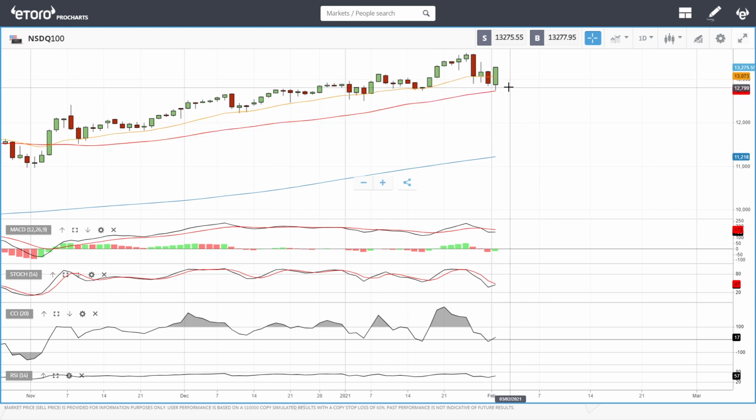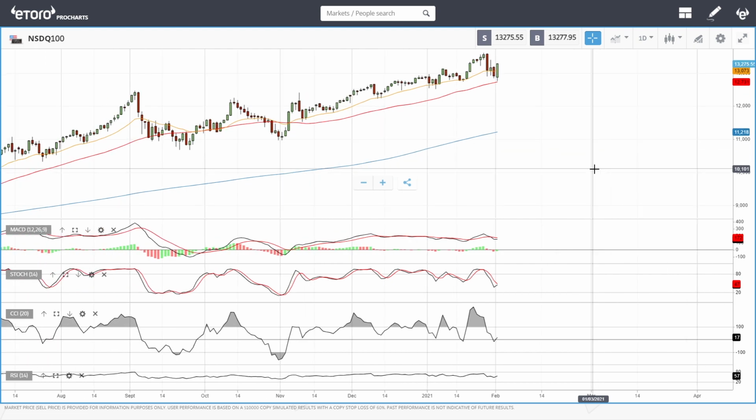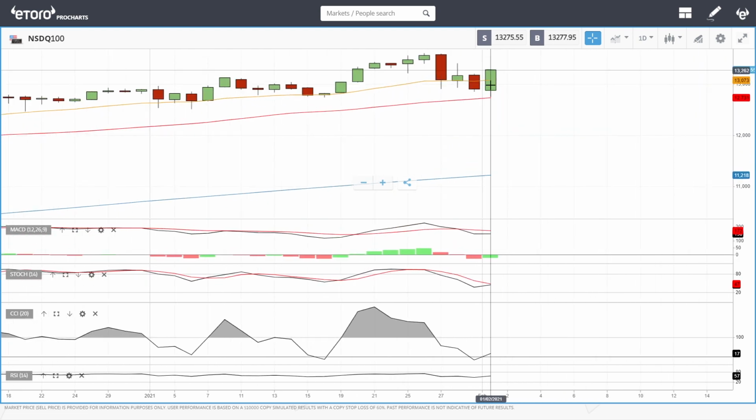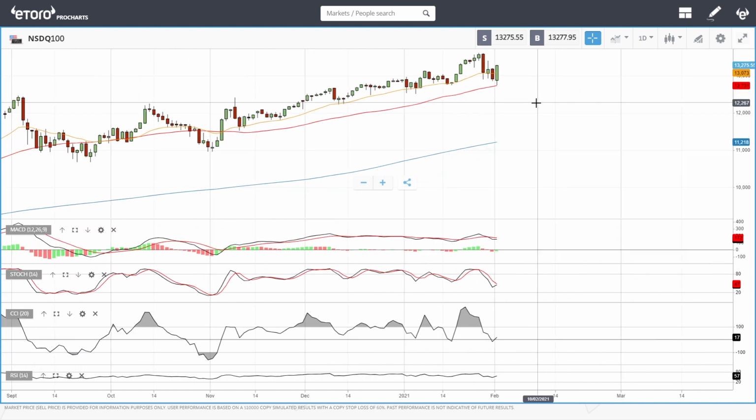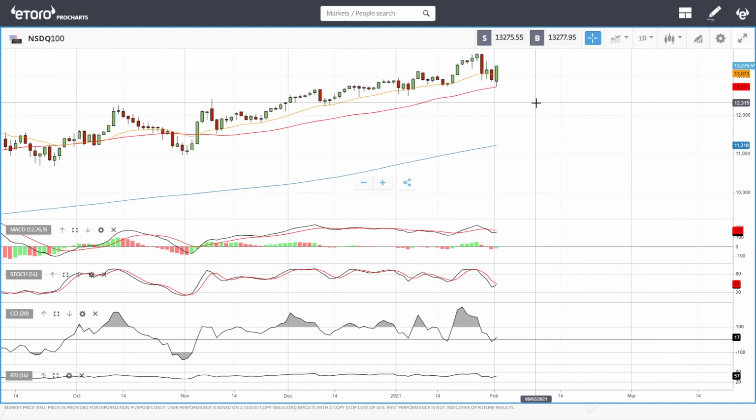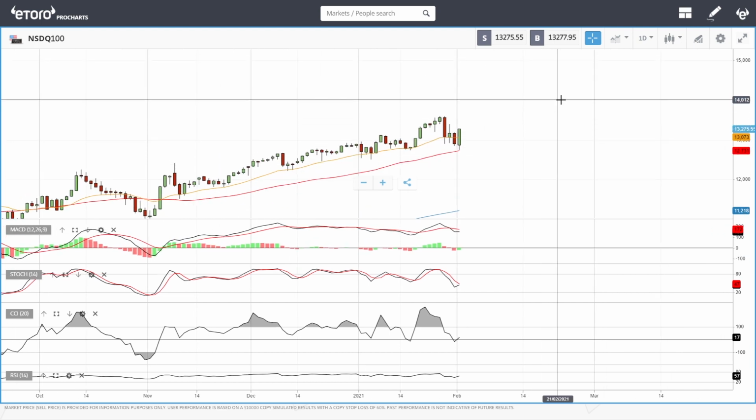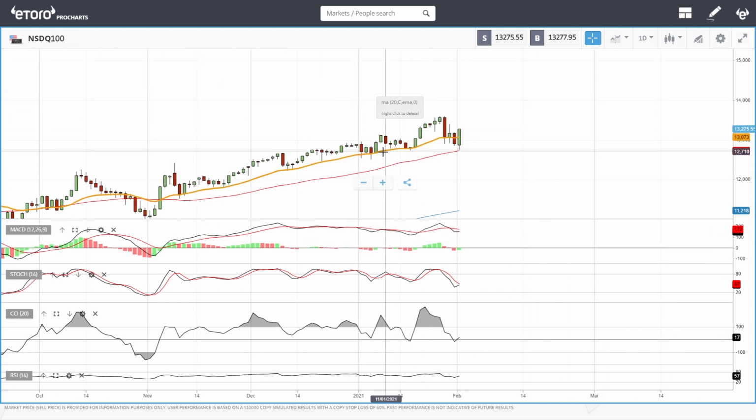But the 50 moving average was a massive support, so take advantage of a pullback here. Technically, every pullback in the Nasdaq at this point is a buying opportunity. This is a very, very bullish candlestick, and usually when you have this kind of bullish candlestick, you also have a minor pullback, and then you can re-enter this market. But at the moment, the target here is 14,000. So we are continuing this trend towards 14,000.